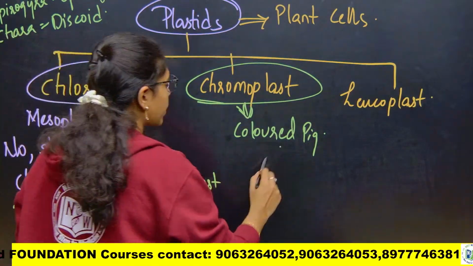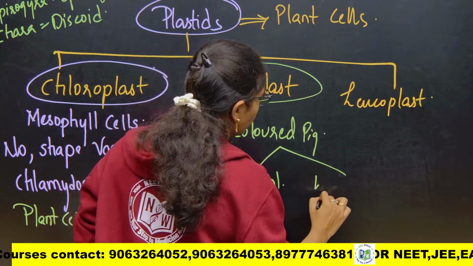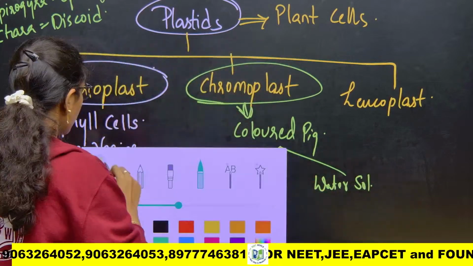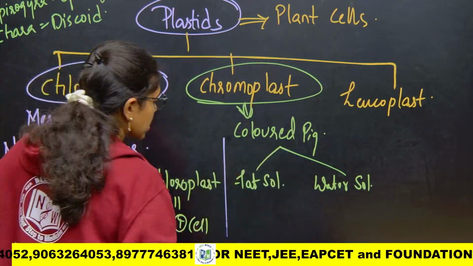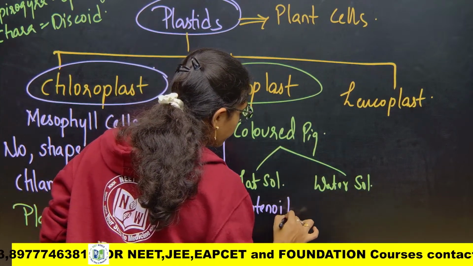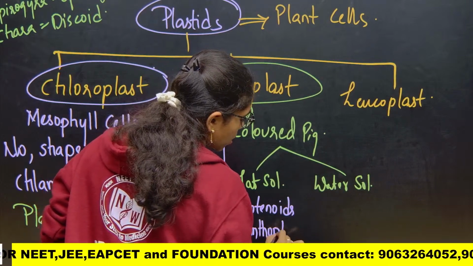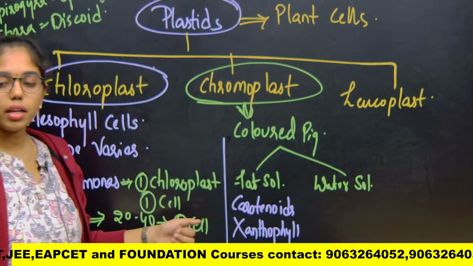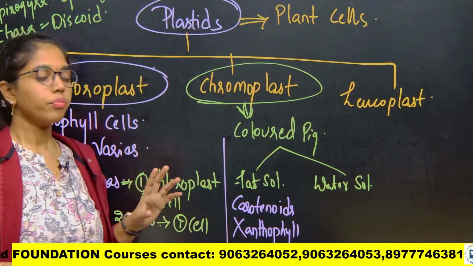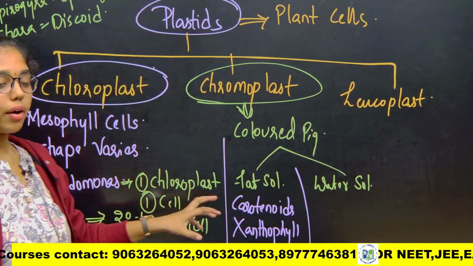Fat soluble pigments are carotenoids and xanthophylls. Carotenoids give orange to yellow color, xanthophylls purely yellow color. Red is not carotenoids, only orange.